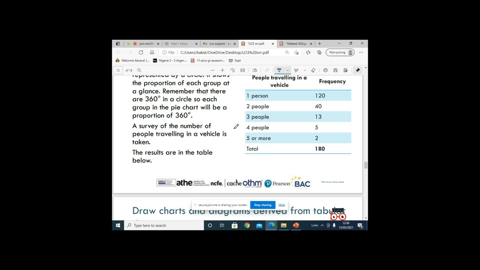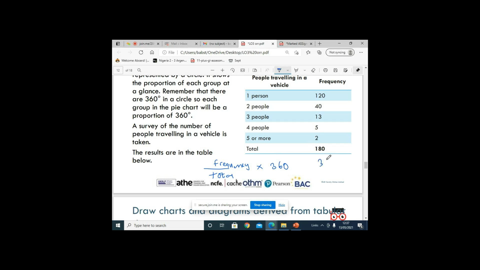For one person, the formula is the frequency divided by the total, times 360. When you add all of them together, the total is 180. The frequency for the first one is 120. So you multiply by 360.